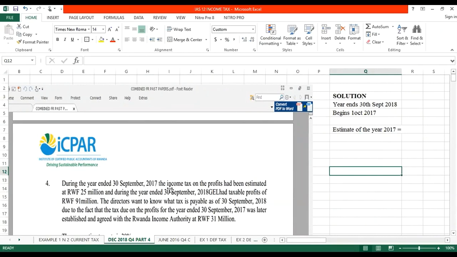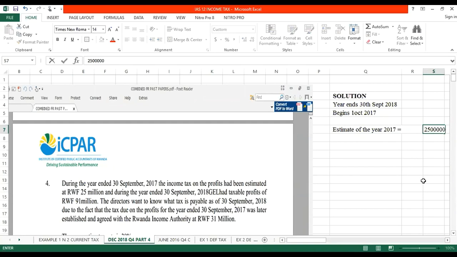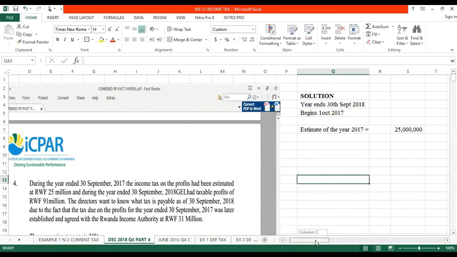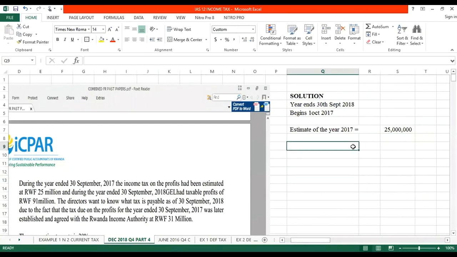During the year ended 30th September 2017, the income tax on the profits had been estimated at 25 million. So I'm writing it in full. It was estimated at 25 million.